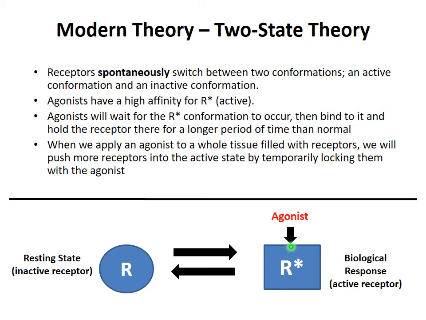I want you to remember that these agonists, in most cases, are temporary or reversible. So one might go on and then come off, and then go on and then come off. And remember, because this is an equilibrium, when the agonist comes off, the receptor is free to go back to the inactive state and then back to the active state. So it goes back to its equilibrium. That's the theory, and there's some good evidence to support that.